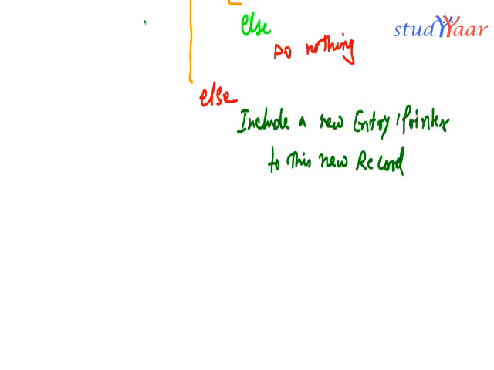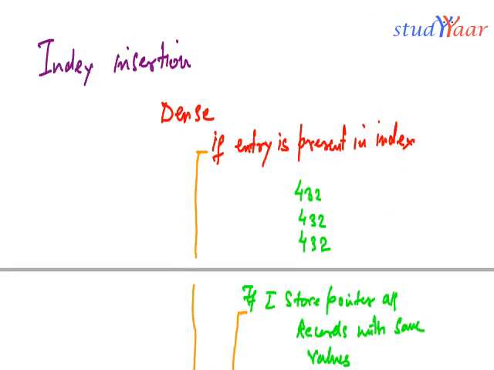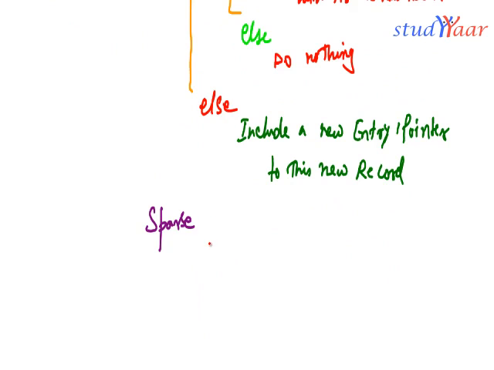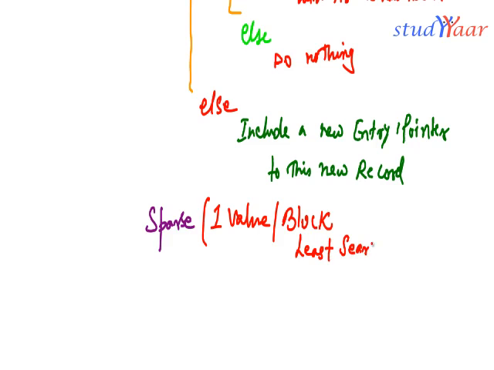And let's suppose this index was sparse. For a sparse index, we will assume that the index stores just one value per block, and that value is the least search key value.